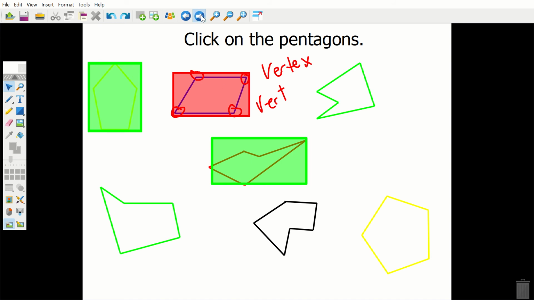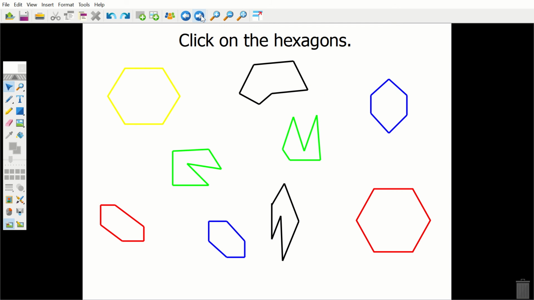Okay, moving on to hexagons. Hexagons are our six-sided figures. They are polygons with six faces, not six vertices. We're looking at 1, 2, 3, 4, 5, 6. So therefore, this one would indeed be a hexagon.